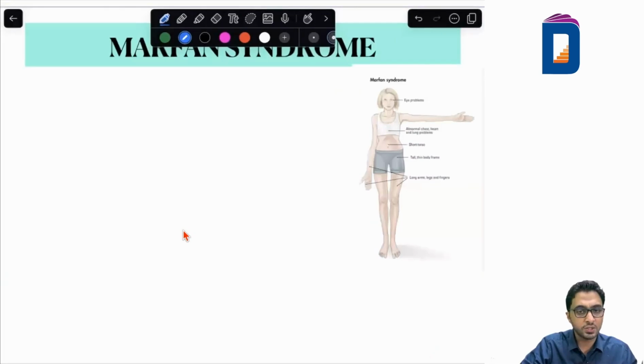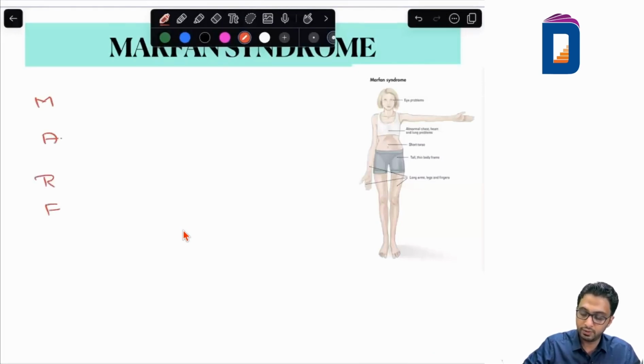Now there are some features you have to know. How many of you know the short form of the key features of Marfan syndrome? The easiest to learn is MARFANS. M is for most important, mitral regurgitation or mitral valve prolapse.